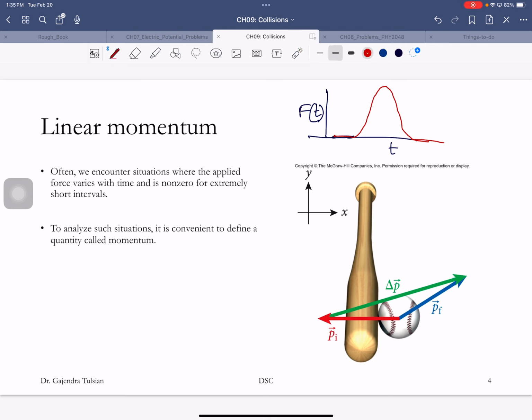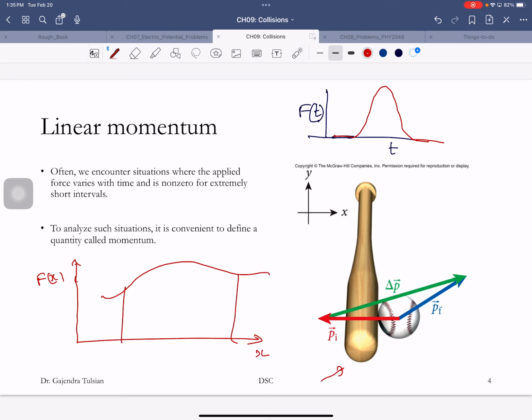Here's another thing you'll learn in this chapter. In one of the previous chapters, we applied forces that change with distance, forces that varied with spatial coordinates. Here's a situation where forces are changing with time. Careful, what was this area? Work. Very good.